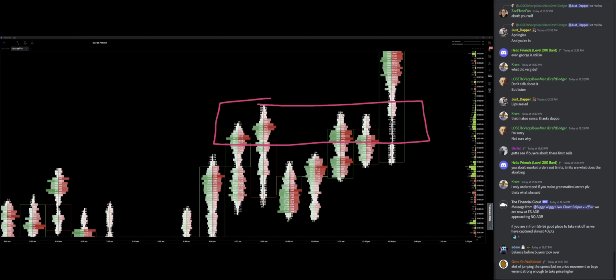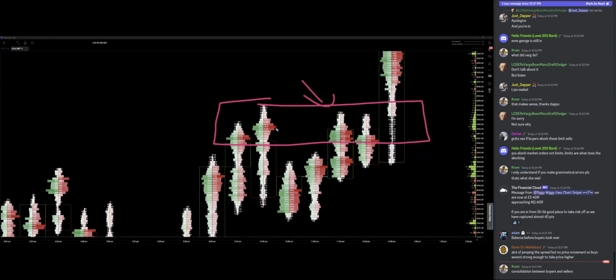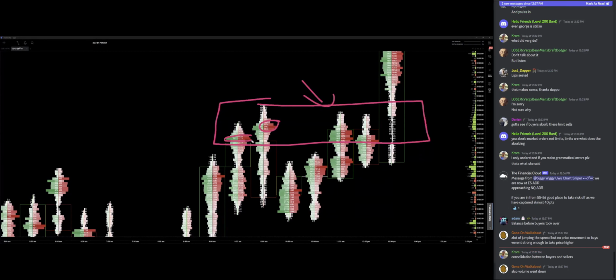Yeah, until once we get over, but we can see this occurring, right? And then this lack of trading above until all of a sudden we get above.